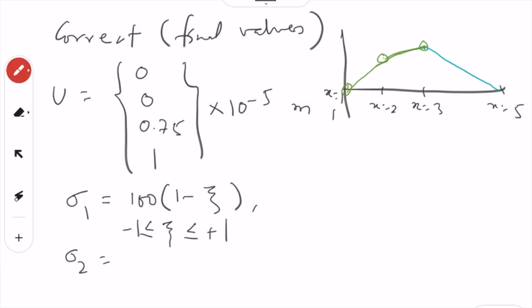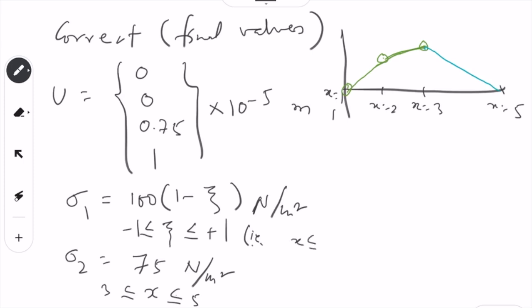So sigma 2 will be 75 Newton per meter square, and this also will be Newton per meter square. This is valid for the global values of x from 1 to 3, that is, x less than 3 and greater than 1.